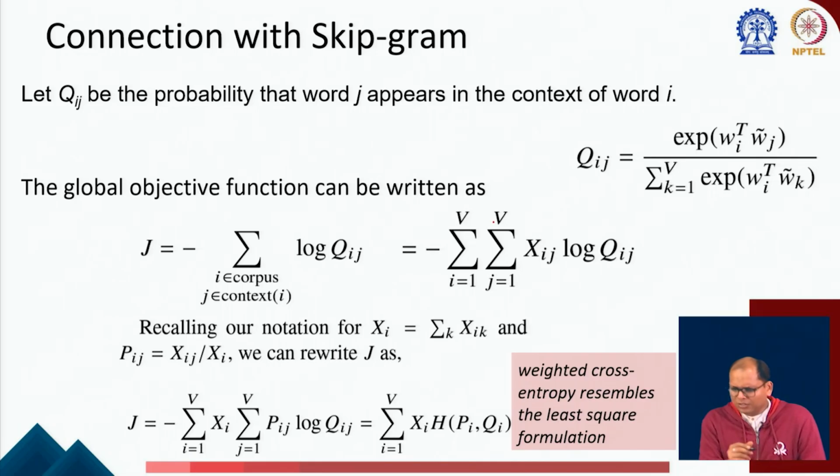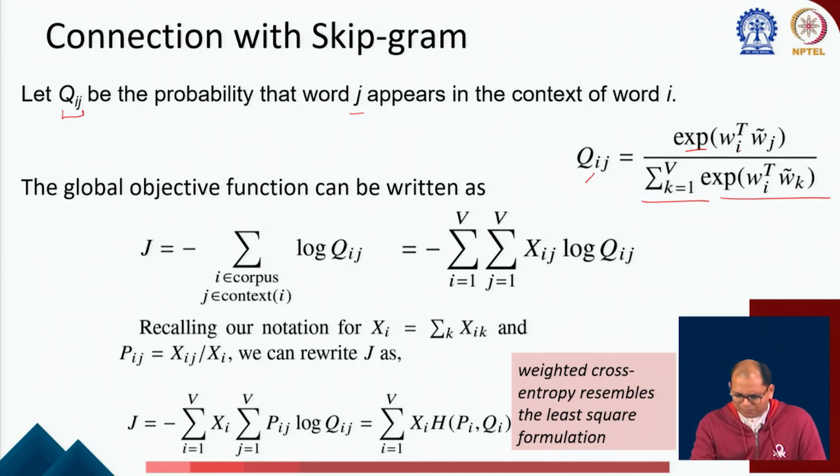So this is our word2vec formulation. Let's say qij is the probability that word j appears in the context of word i, and we modeled it using exponent wi transpose wj hat divided by, for all vocabulary, exponent wi transpose wk hat. This was the formulation. So what would be the global objective function that you can write from here?